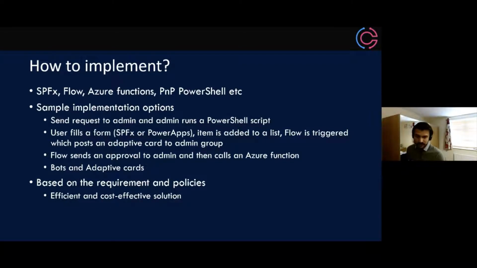We can also include, say, some bots into the picture. They do all the hard work of getting the information, and then just send a request, which would again go ahead and create a team. So these are just some sample implementation options. There will be a lot of them if we consider all the different things.